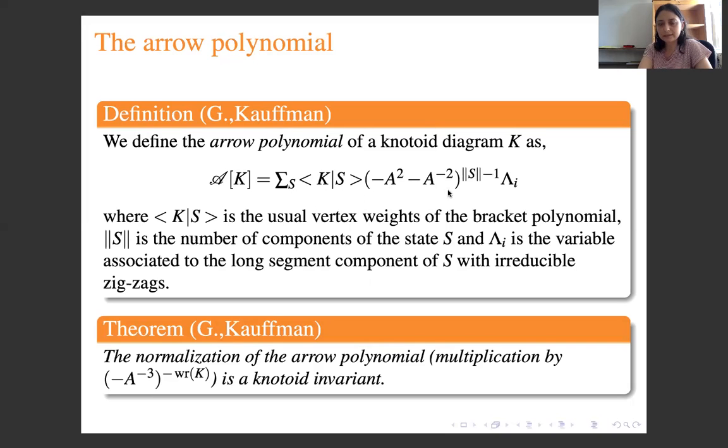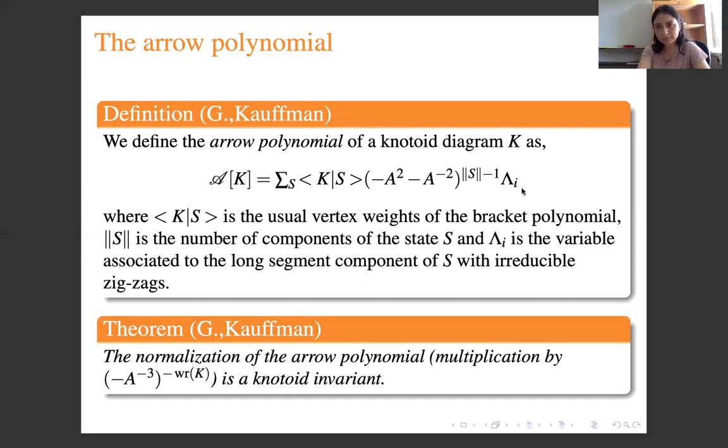And we have the loop value here, and the power is the number of the loops minus 1. And we have the extra variables lambda i corresponding to a long state with i zigzags, or i pairs of cusps, let's say. They are irreducible zigzags.